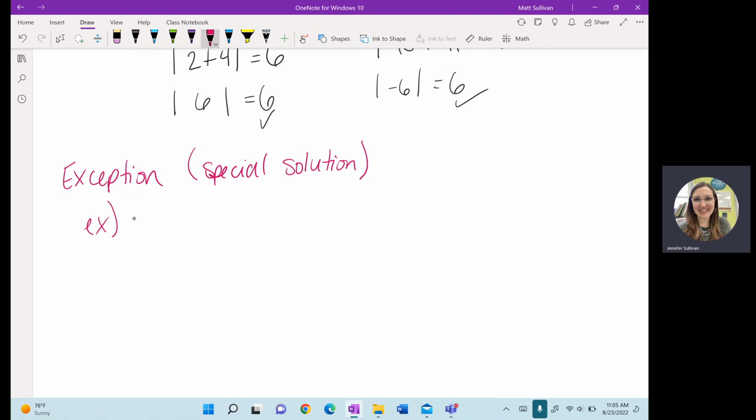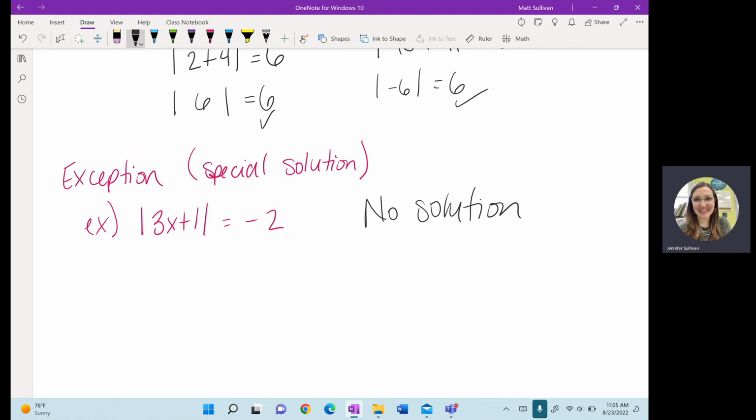If I were to give you an example like this, where I have the absolute value of 3x plus 1 is equal to -2. This one right here is a no solution. And I know that it's no solution before I do any work.